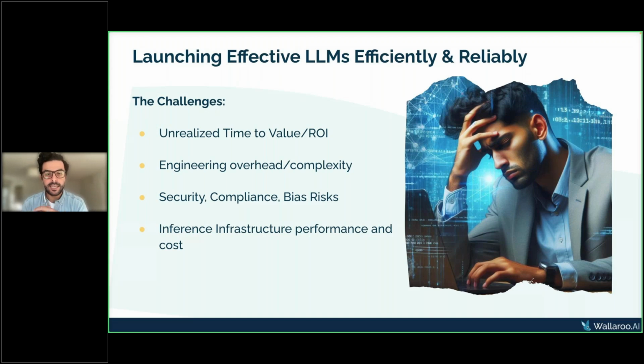And then finally, how can you proactively account for bias? We keep talking about bias and responsible AI. It's truly one of the challenges that prevent enterprises from launching LLMs effectively and reliably in production. So when we come in, next slide, please.